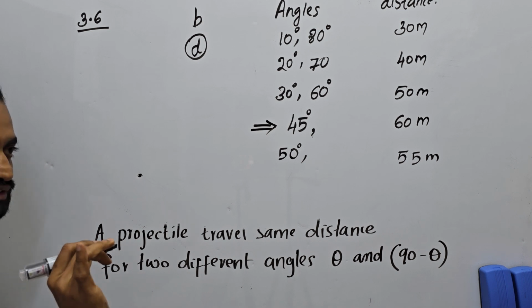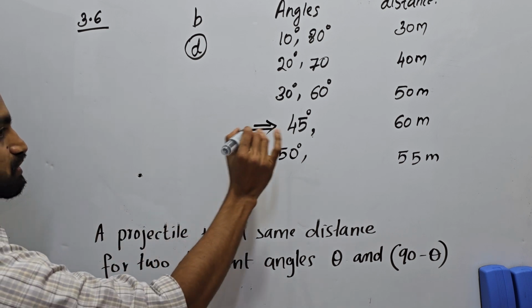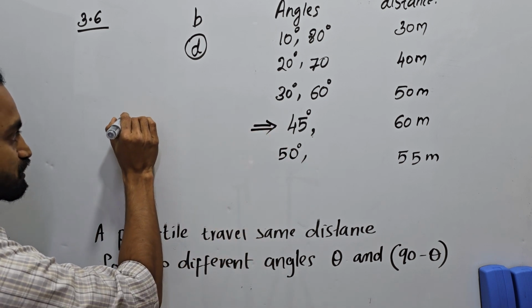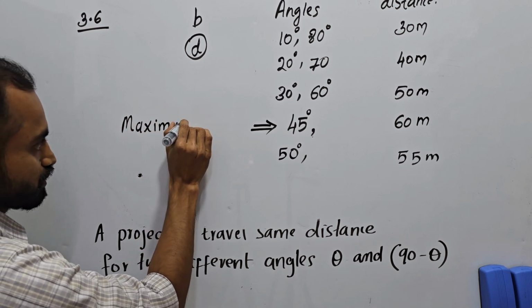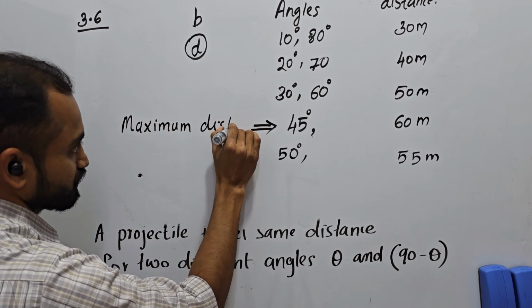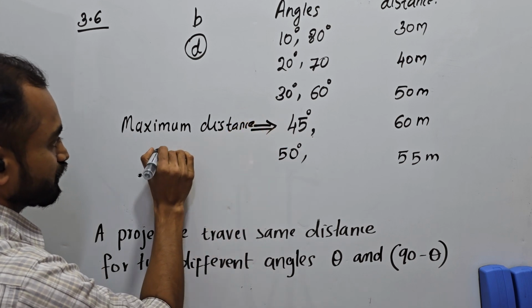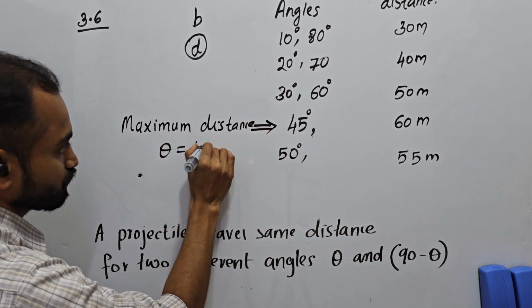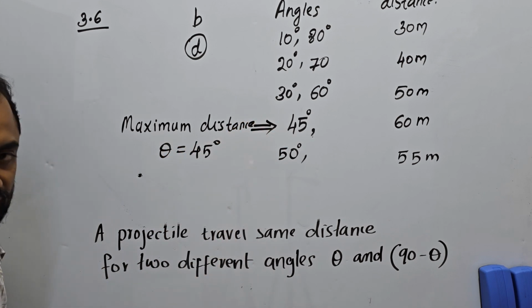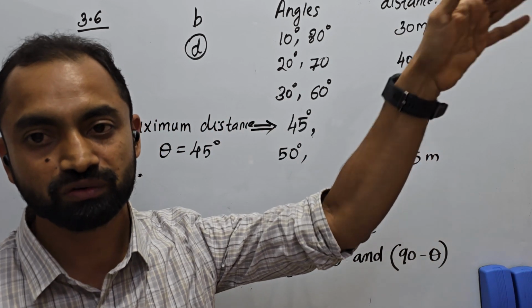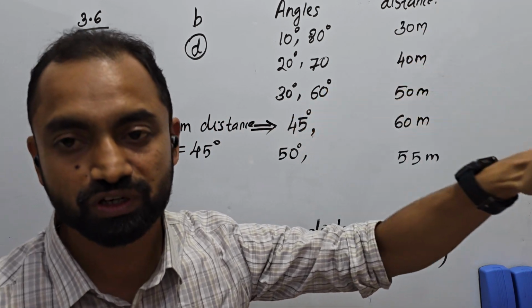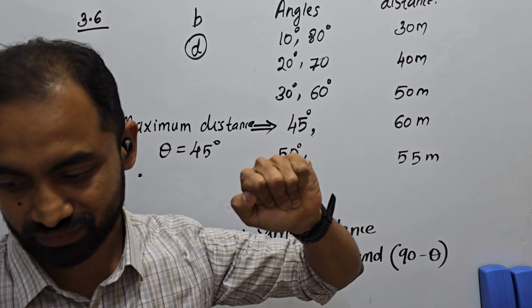a projectile will travel maximum distance at 45 degrees. A projectile will travel maximum distance when the angle theta equals 45 degrees. Below 45 or above 45, the distance traveled will be less than that.